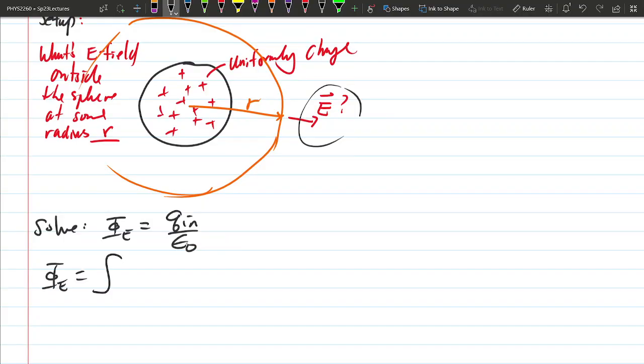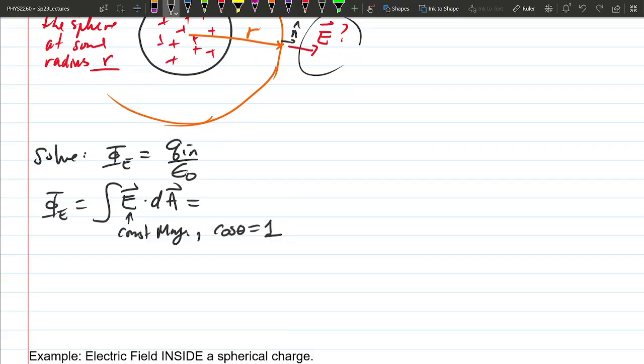So if we try to compute this integral, we know that this is a constant magnitude, just like before. And also, the surface vector, n hat, is always in the same direction as E. So cosine of theta is equal to 1. So once again, with this justification, we can do this integral.